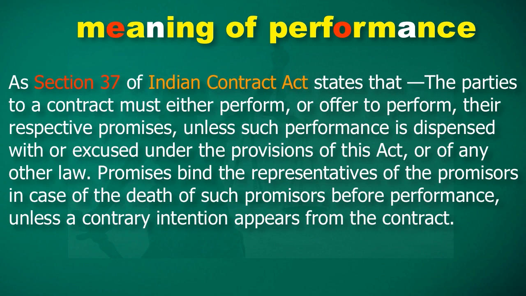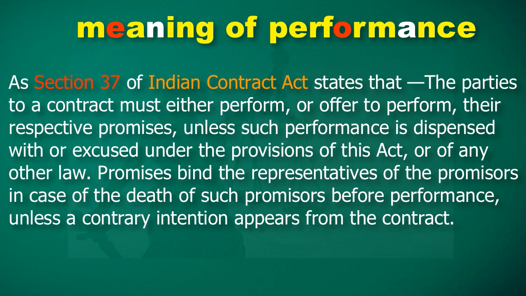The parties to a contract must either perform or offer to perform their respective promises, unless such performance is dispensed with or excused under the provisions of this Act or of any other law.